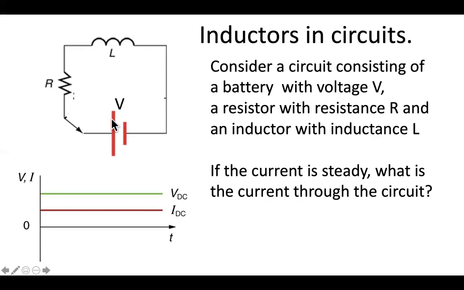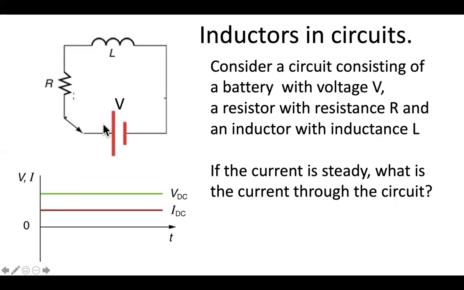It's got a battery in it, it's got a resistor in it, and it's got an inductor. For historical reasons, inductors are always shown as a bunch of little loops, just like resistors are always shown as little squiggly lines. So this is a thing with an inductance L. What is that L? We don't know yet.